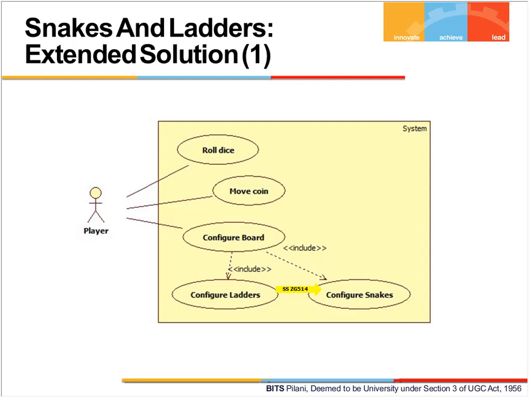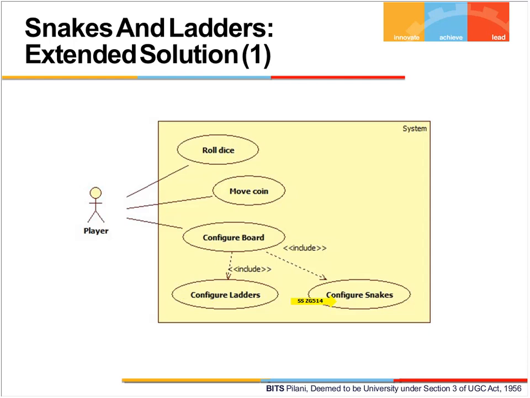What includes helps us do is that if there is a use case which consists of sub-use cases, then we decompose that use case into sub-use cases which are of importance. So a player can configure a board, and this main use case consists of two sub-use cases: configure ladders as well as configure snakes.